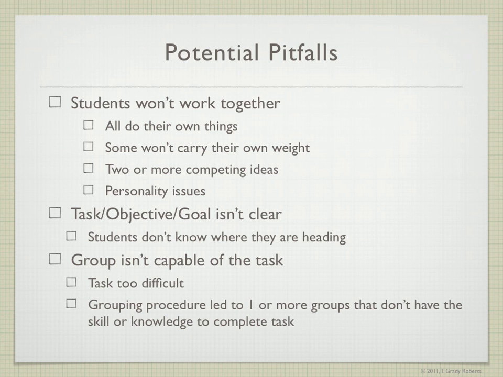You break students into groups, but they don't really understand what they're supposed to be doing. The third pitfall is that the group isn't capable of whatever you've asked them to do. Perhaps the task is too difficult, or the grouping procedure that you used led to one or more groups not having the skill or knowledge to be able to complete the task.